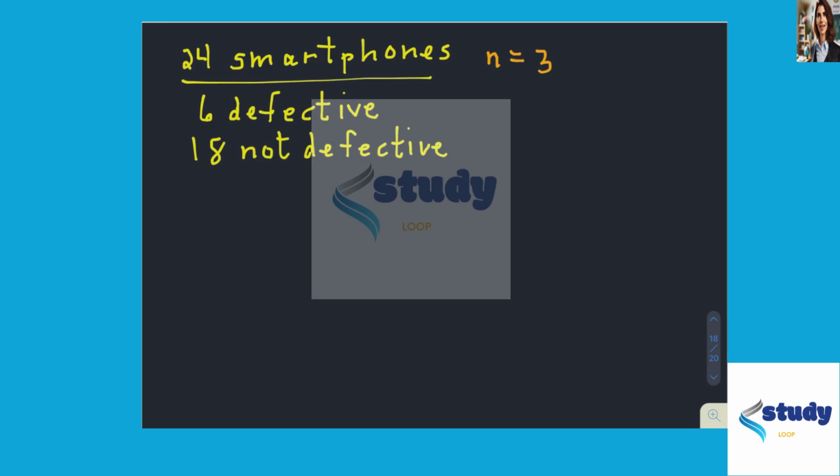So let's look at our probability distribution. We are focusing on defective.